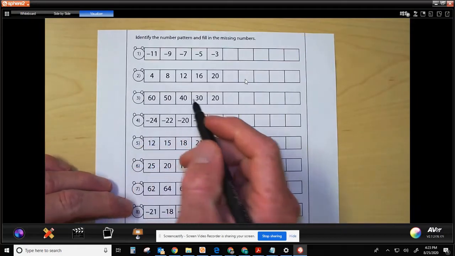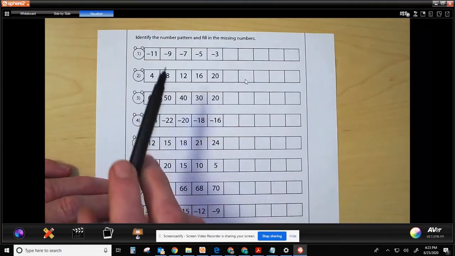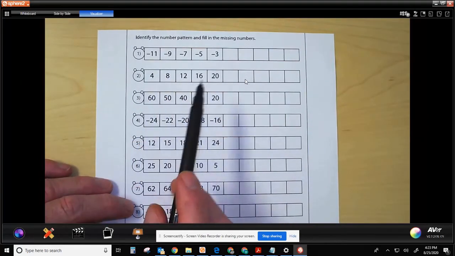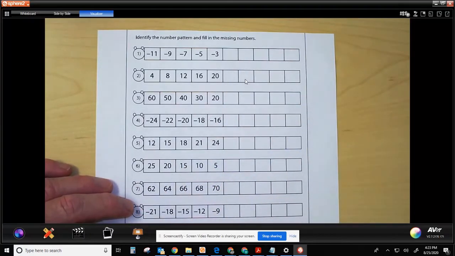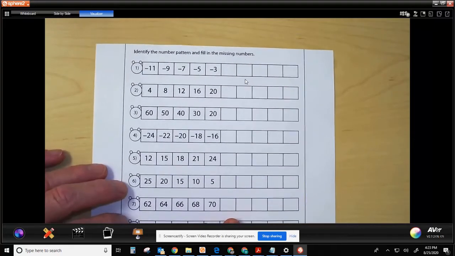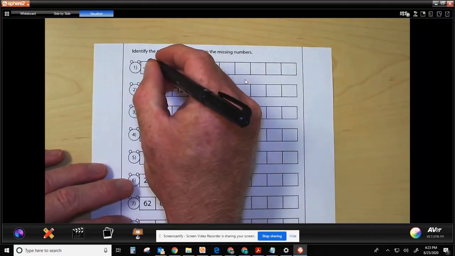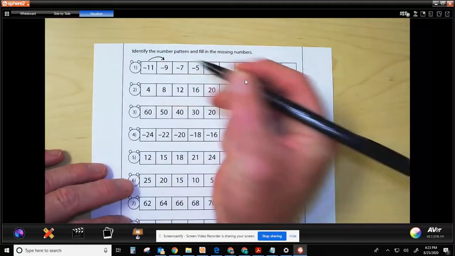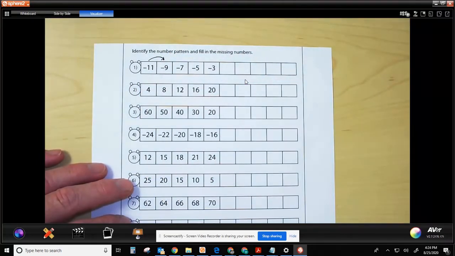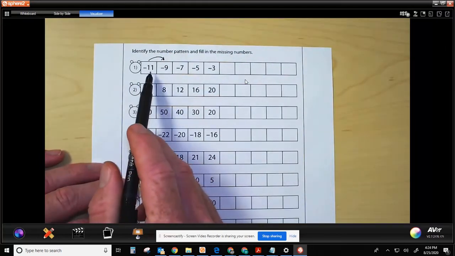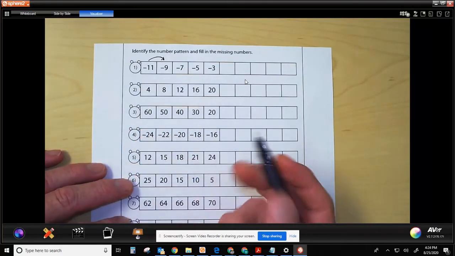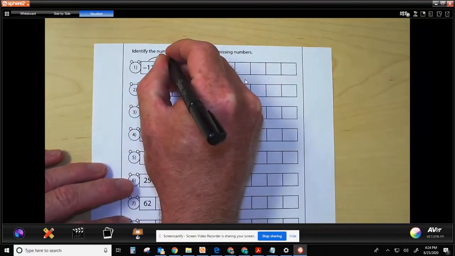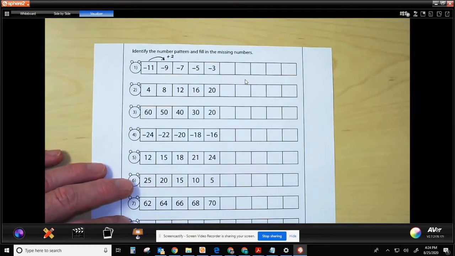Here's a pattern of 5 numbers. I want to predict the next number in the series. Here's one way that you can figure out the pattern. Look at the difference between these two. I had people write this in lots of different ways. In math, the difference between negative 11 and negative 9 is a positive 2. 2 places to the right on a number line.